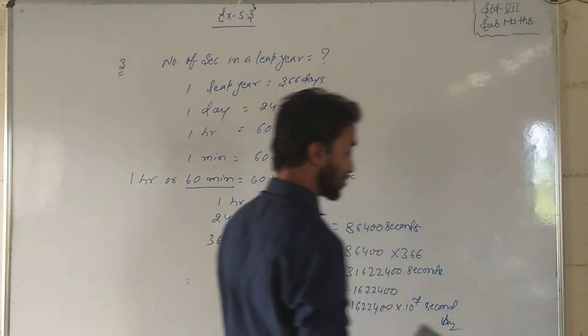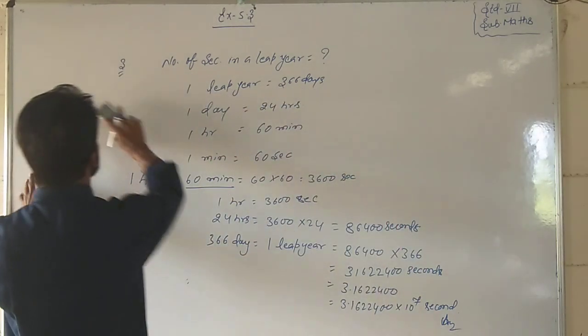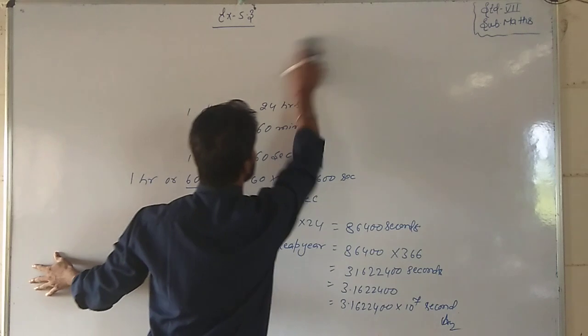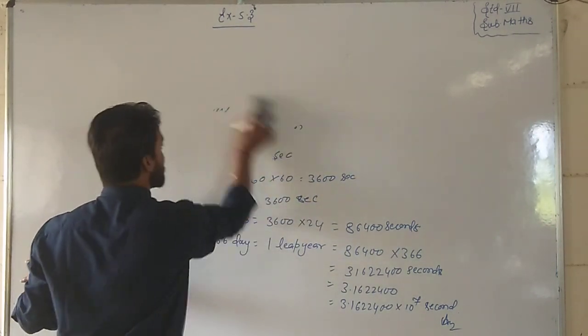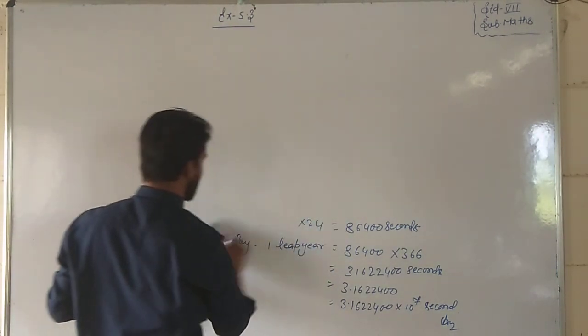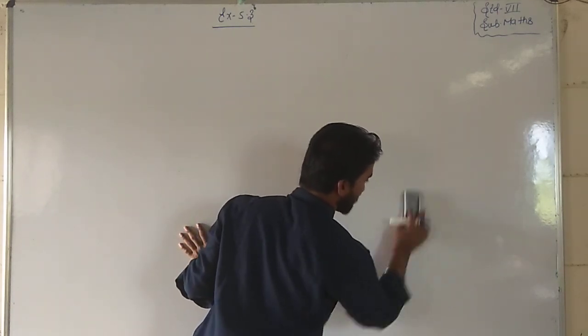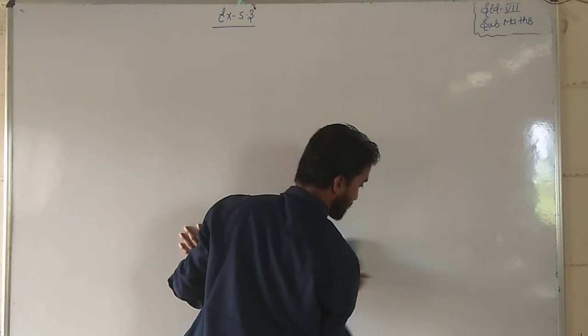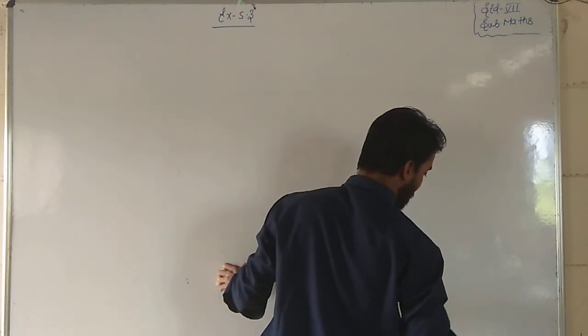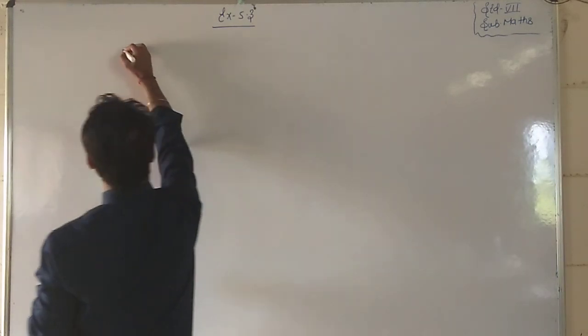1 light year is equal to, students, can you say? The distance light travels during the year is called a light year. Say, students, what is the velocity of light? Question number 4.